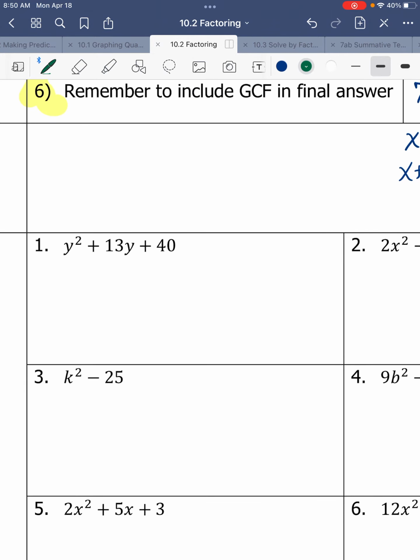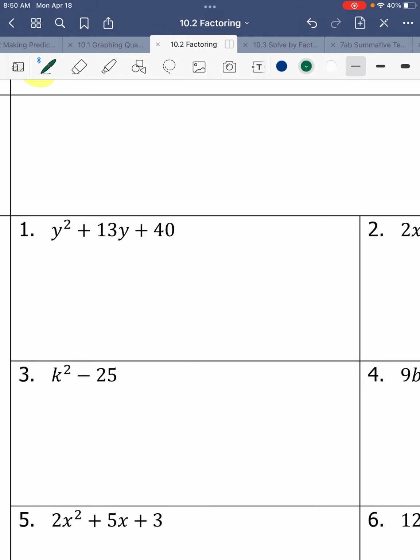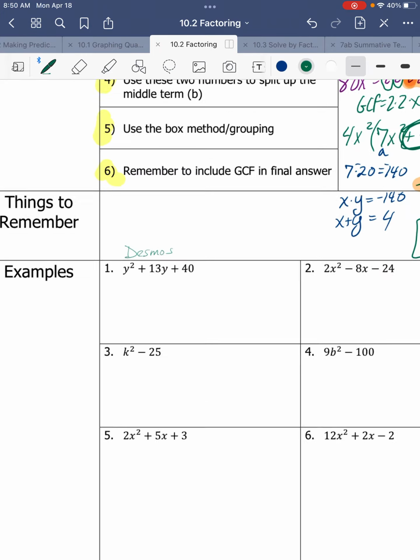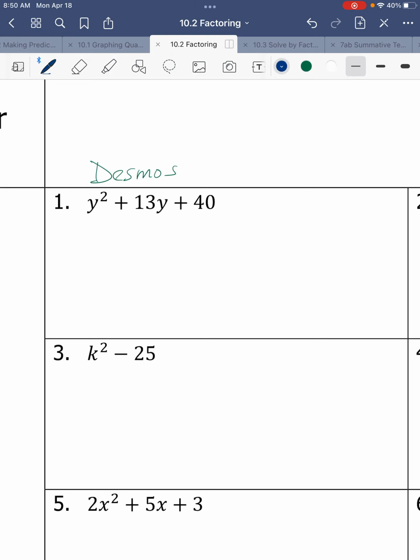Now I'm going to show you how to do this on Desmos. So the first one, we have y squared plus 13y plus 40. First thing, we're going to change those y's to x's.